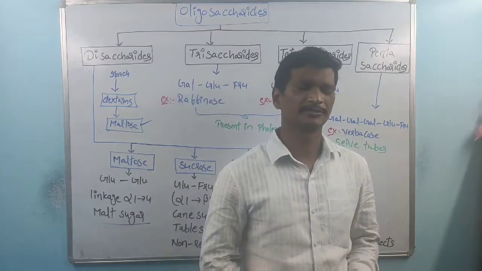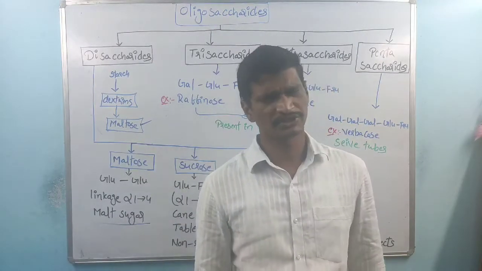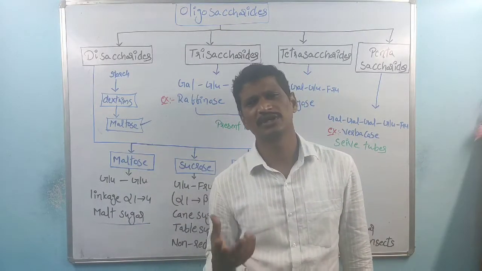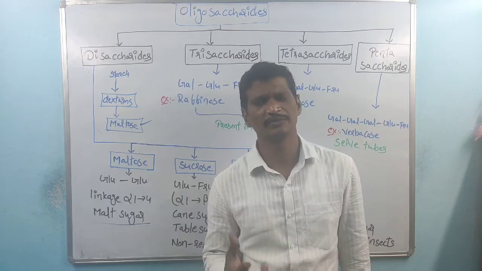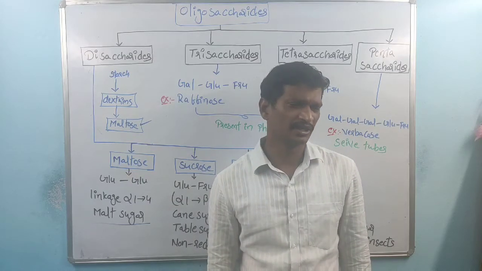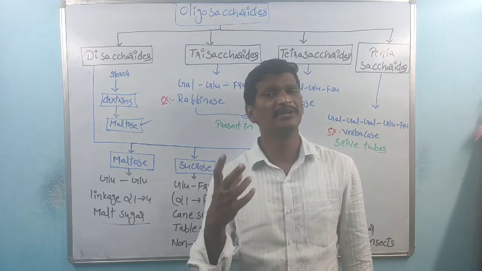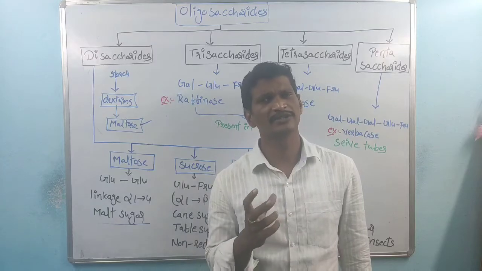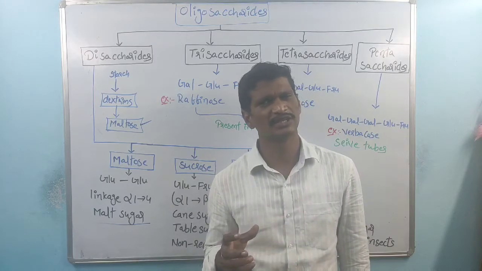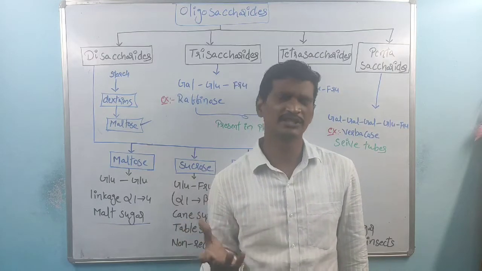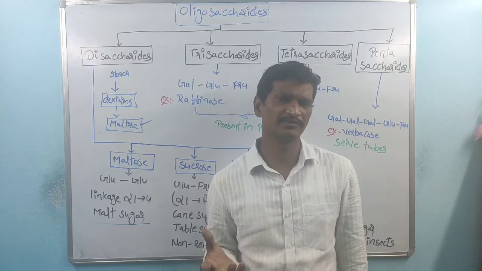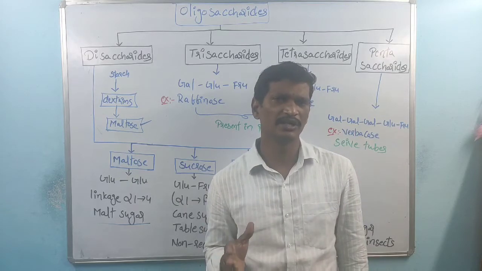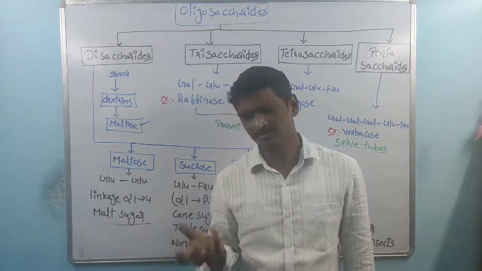Remember the fermentation process, we know about alcohol production and beer production. In the production of alcoholic beverages, we use malt sugars. The cereals are subjected to a breakdown process and finally we get malt.